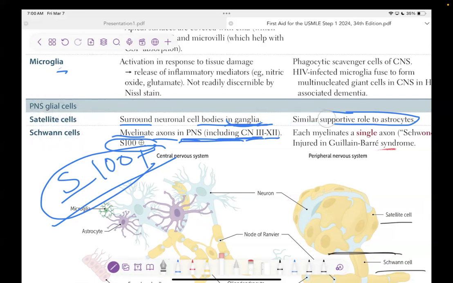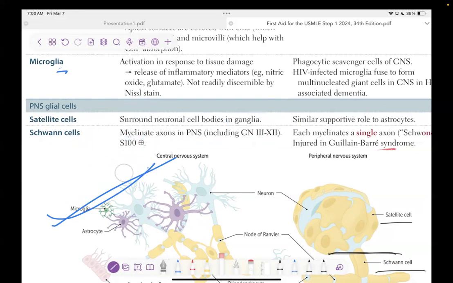neural crest, right? We already said that the peripheral nervous system is generated from neural crest. And Schwann cell is also a part of the peripheral nervous system.